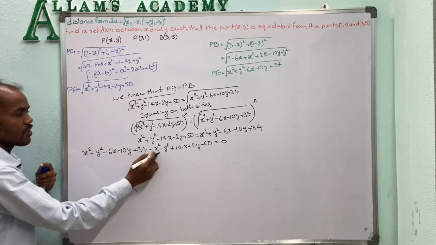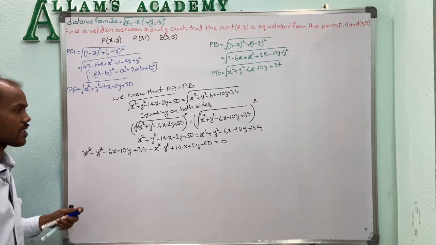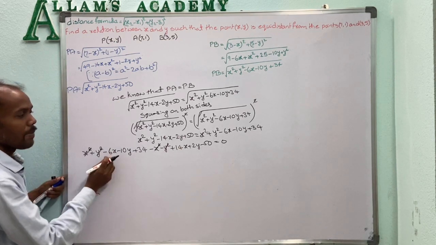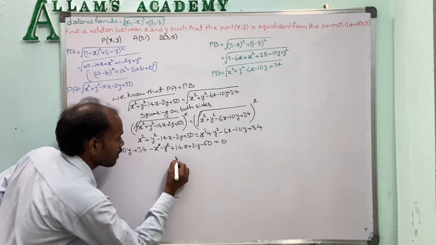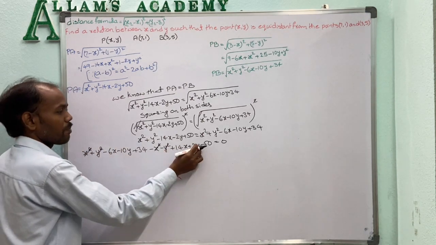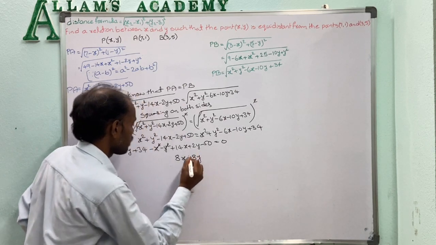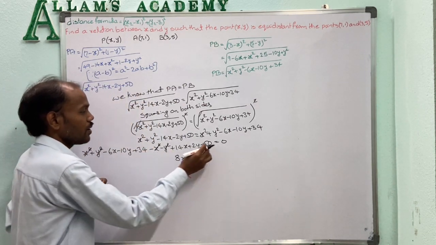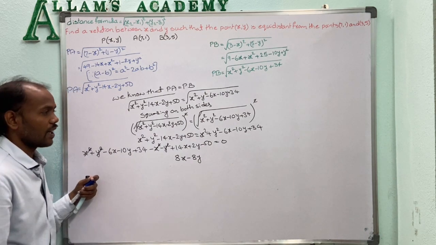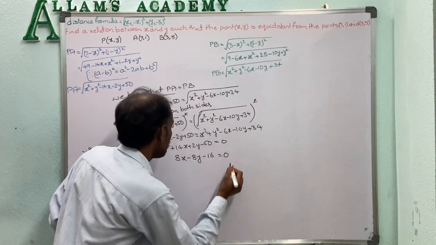Plus x square and minus x square get cancelled, plus y square and minus y square get cancelled. 14x minus 6x is 8x, minus 10y plus 2y is minus 8y, plus 34 minus 50 is minus 16, is equal to 0.